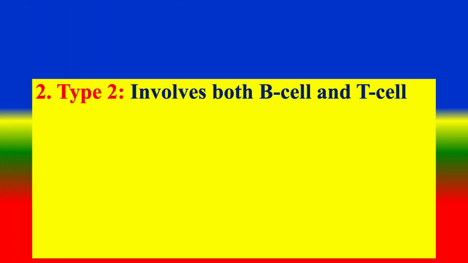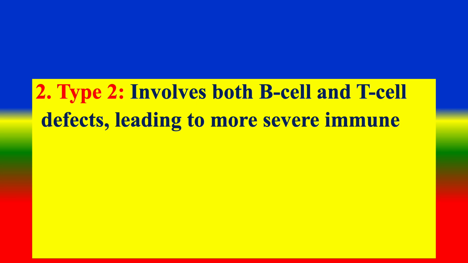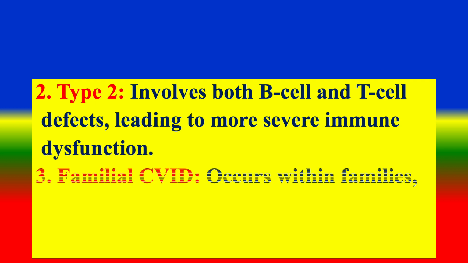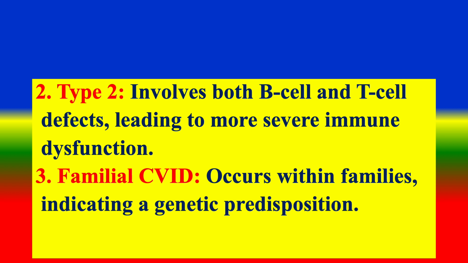Type 2 involves both B cell and T cell defects, leading to more severe immune dysfunction. 3. Familial CVID occurs within families, indicating a genetic predisposition.